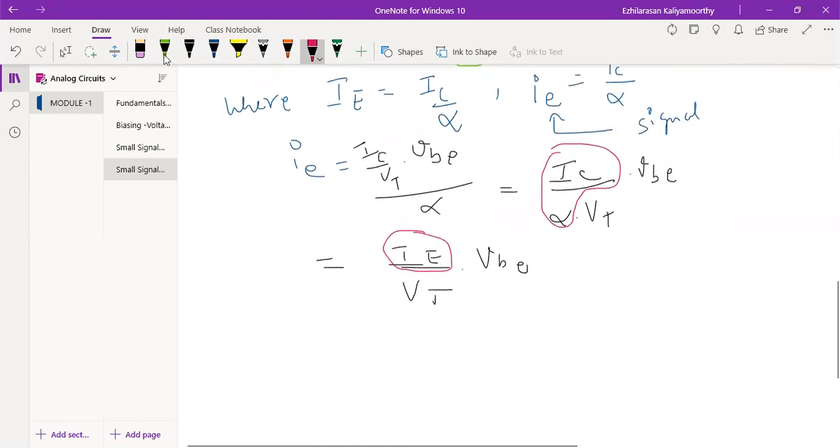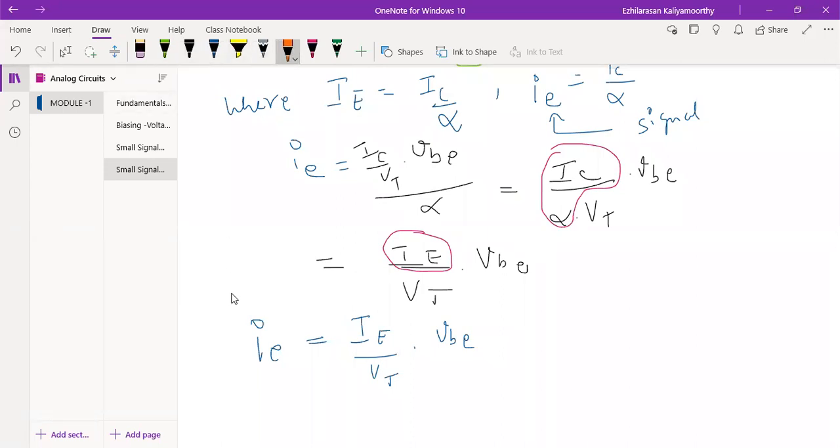Now the expression reduces to small IE is equal to capital IE by VT into VBE. So this is the emitter current, the small signal emitter current. Now we have got the quantity of IE.